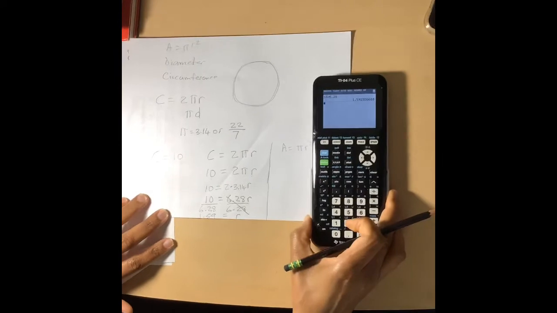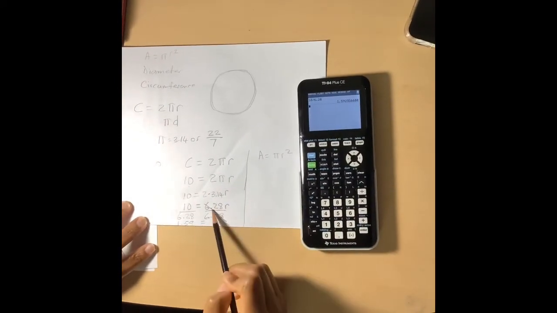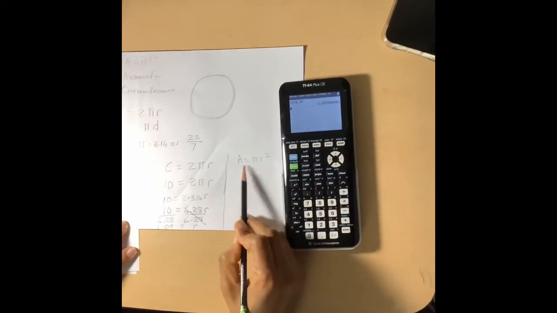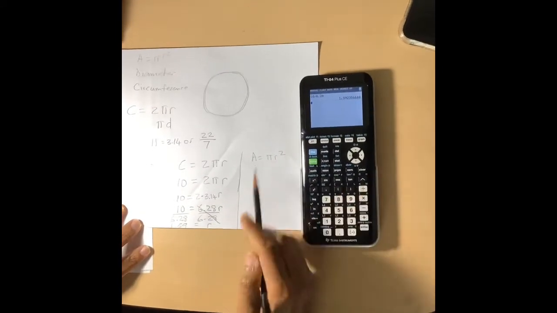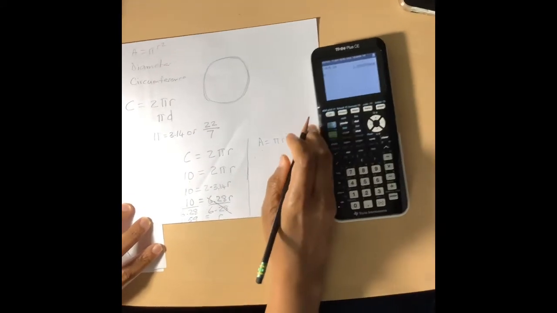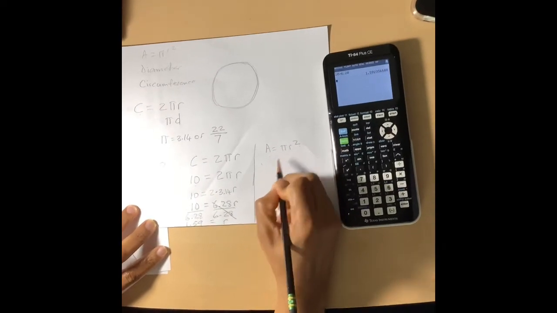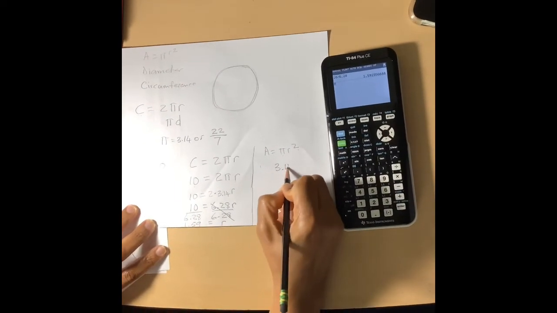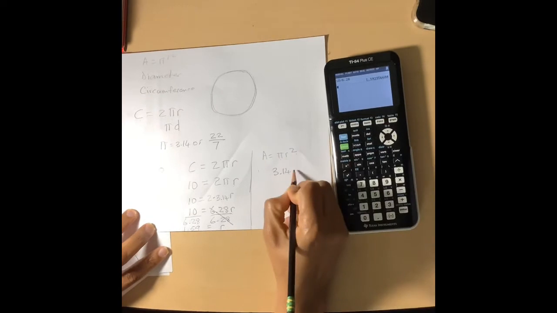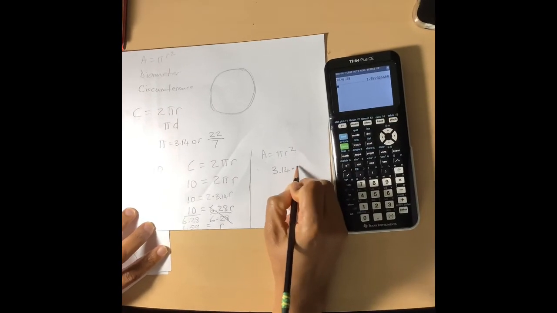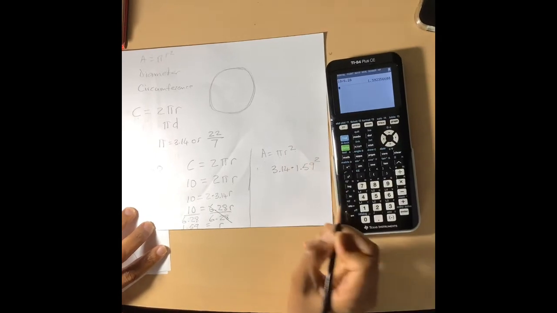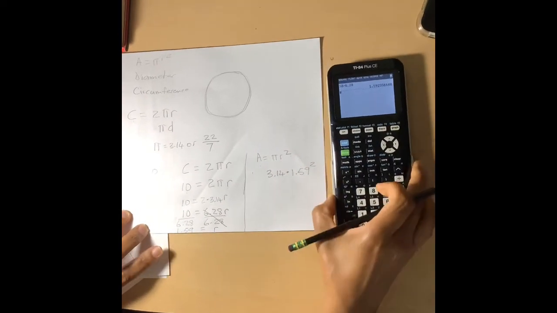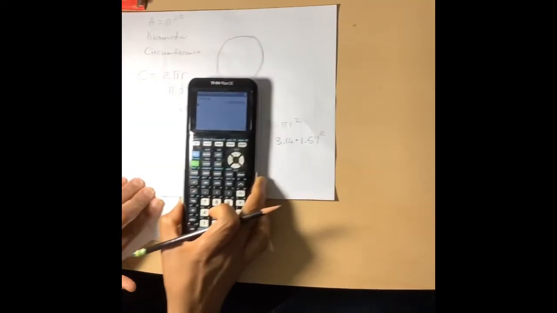So now we can find the area of this circle, because A is equal to pi r squared. So we take it over here. Now we have our pi, which is 3.14, and we have our radius to be 1.59 squared. So if we square this, let's see what we'll get. Bring in our calculator again.